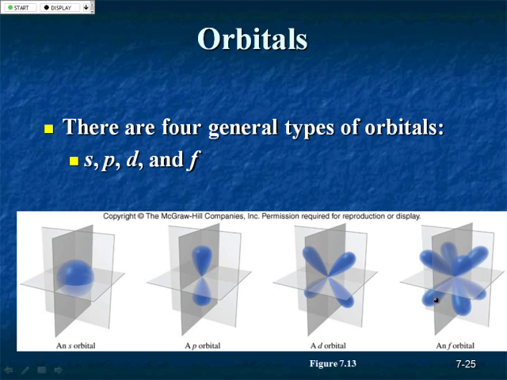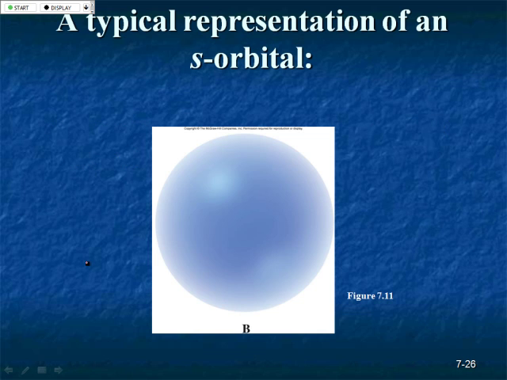Just tell me the number of boxes and types. What types will I see if n is equal to 4? All 4 types, S, P, D and F. Now tell me, under S how many boxes will I see? Under P how many boxes? For D? For F? 7. Good.